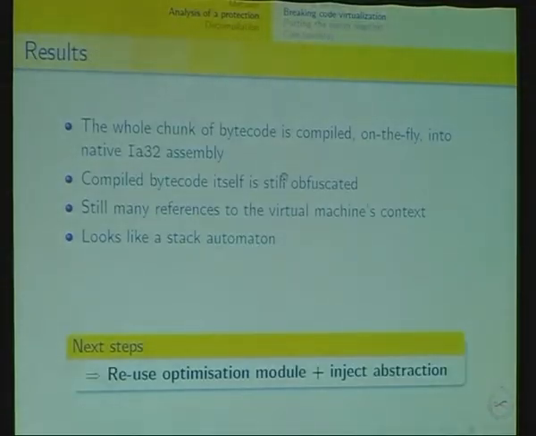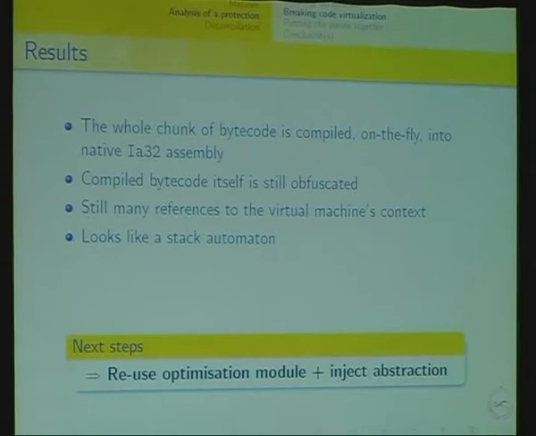So as I showed you, the whole bytecode is compiled on the fly into native assembly. There's still a part of obfuscation, and the stack automaton aspect is quite annoying because it's quite hard to analyze by hand. So we want to get rid of that. And what we do is reuse the optimization module on this code, and we inject abstraction into the code to remove references to the virtual machine context.